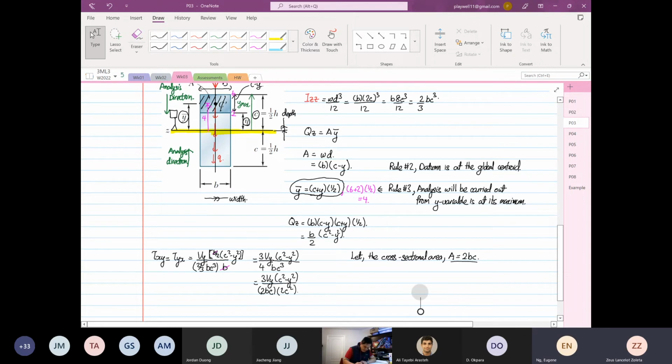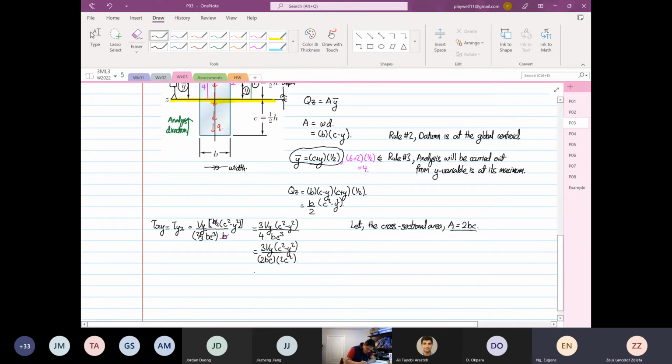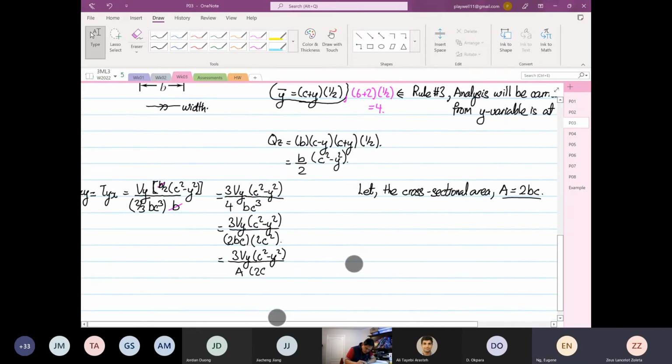Now I can replace the 2BC with A. So it becomes 3Vy times C squared minus y squared, divided by A, and then we have 2C squared.